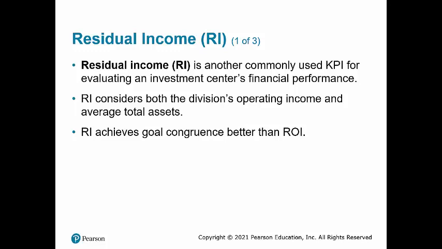So residual income incorporates another piece of information: top management's target rate, such as the 16% target rate of return that we talked about in the previous slide. The target rate of return is the minimum acceptable rate of return that top management expects the division to earn with its average total assets.